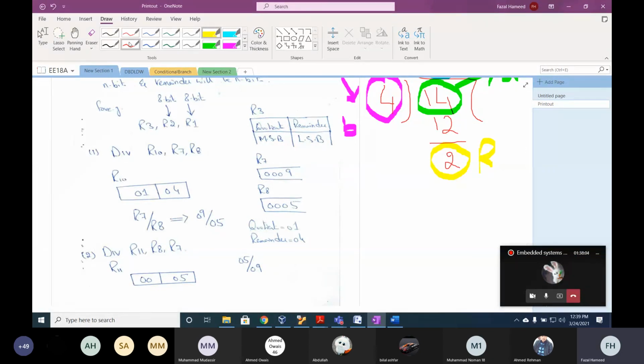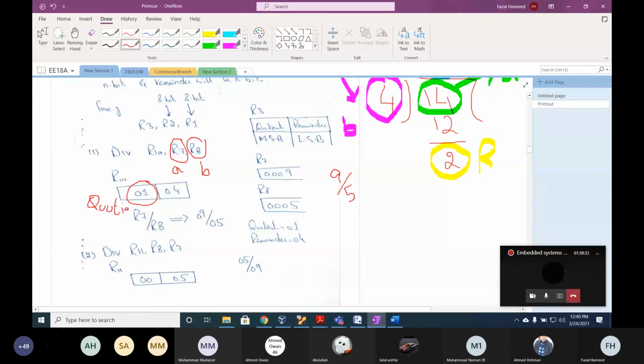R7 is A and R8 is B. So if you divide 9 by 5, 1 is your quotient. And what is 4? Got it?